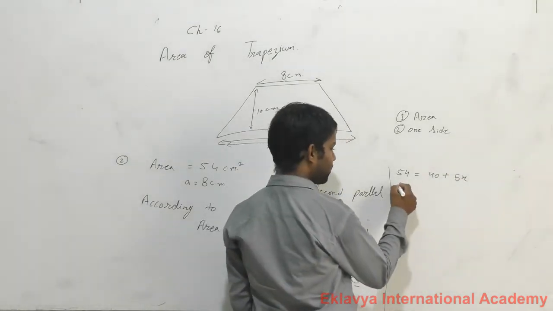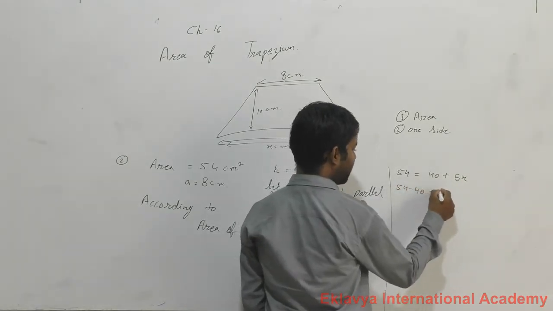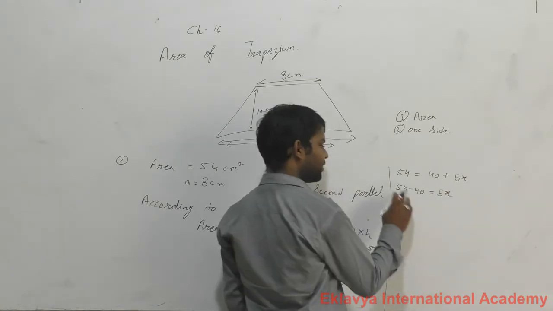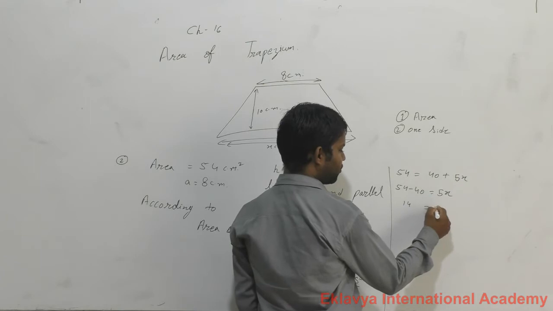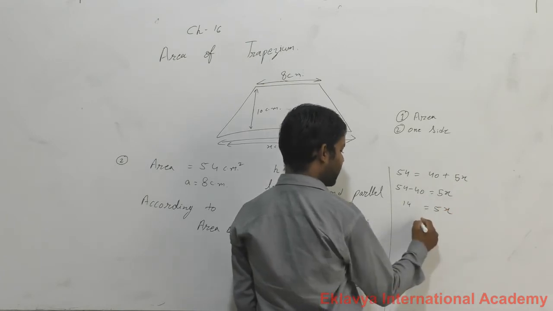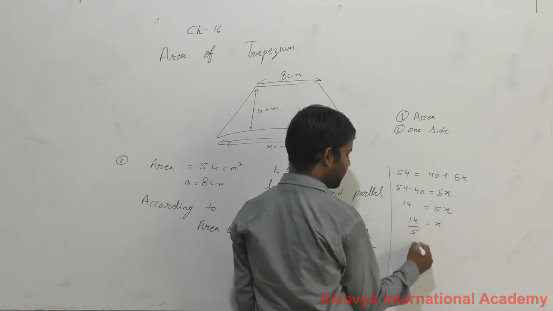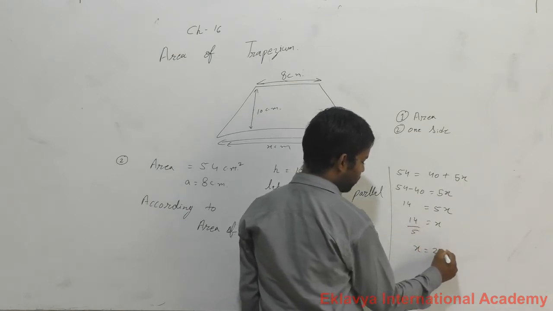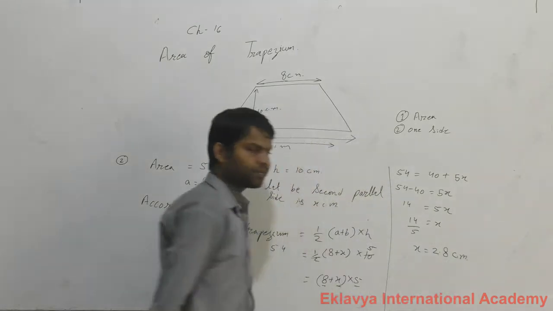Now 54 minus 40 is equal to 5x. 54 minus 40, we got 14 is equal to 5x. Then x is equal to 14 upon 5. If we divide, then we got 2.8 centimeter.